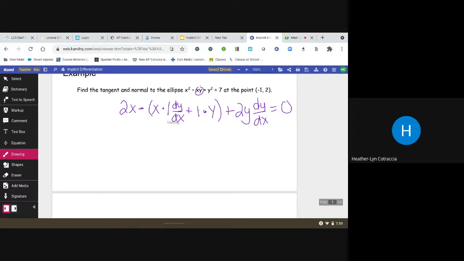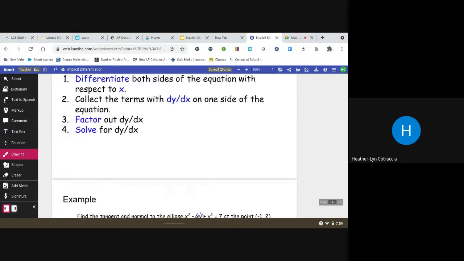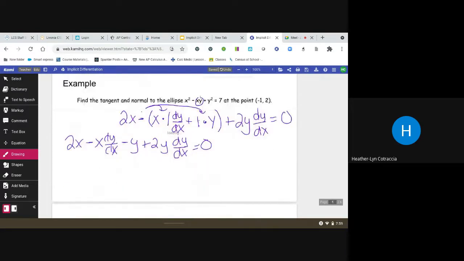Let's clean this up. So I've got 2x. I'm going to send that negative through. So minus x dy/dx minus y, because I had to send that negative through to both of those terms, plus 2y dy/dx equals 0. Okay, if you remember from the previous slide there, I then said collect all the terms with dy/dx on one side and get everything else on the other side.